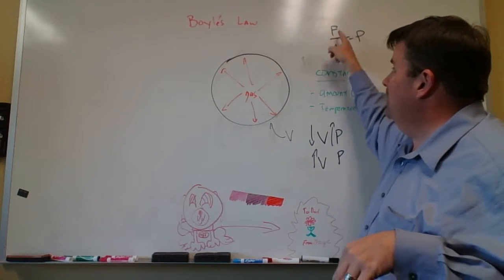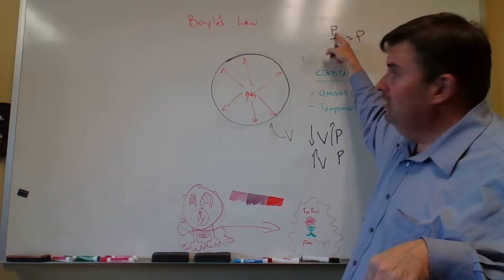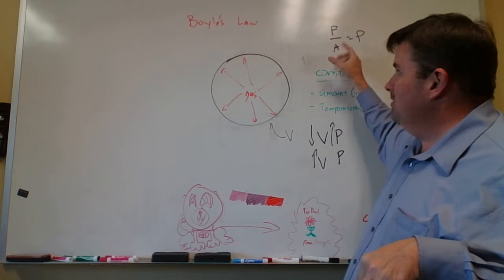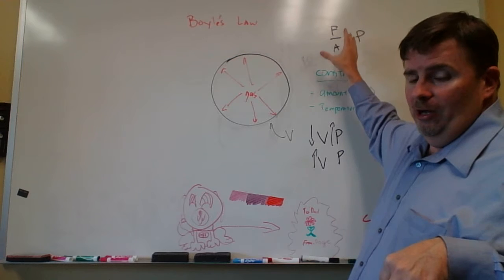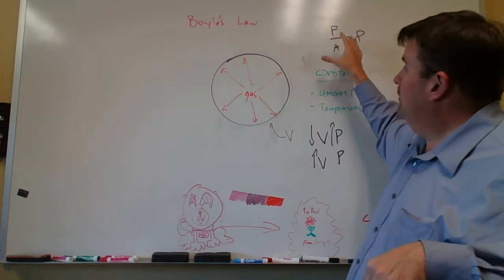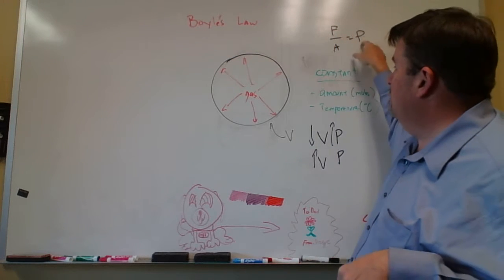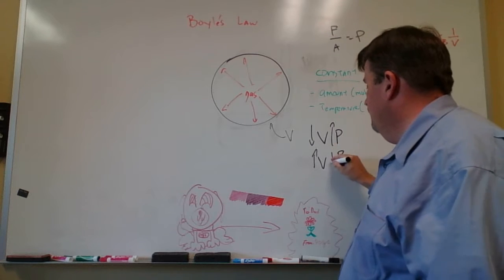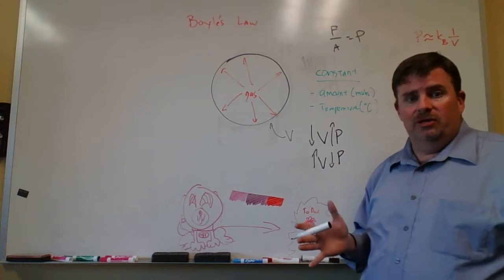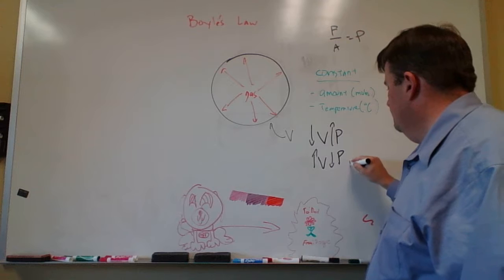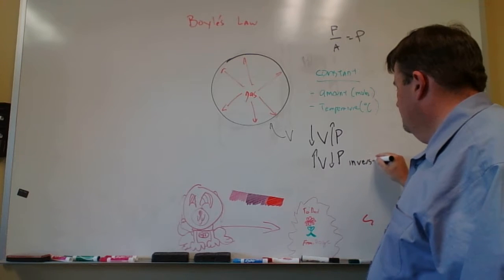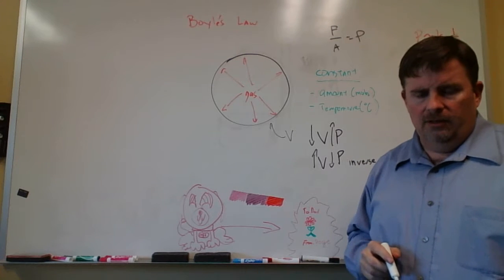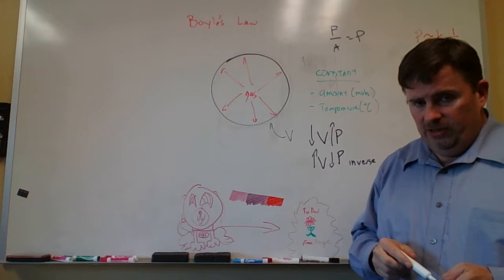It means that the same amount of force is going to be applied over a larger area. Anytime you make the bottom of a fraction bigger, it makes the number smaller. So this pressure value is going to go down. So what these two things have is called an inverse relationship.